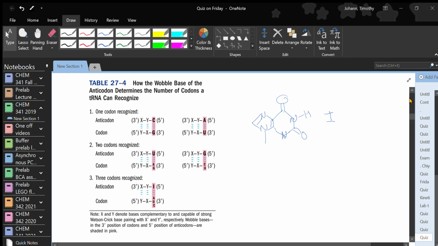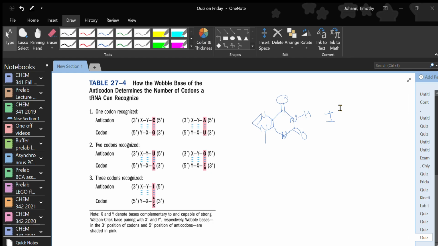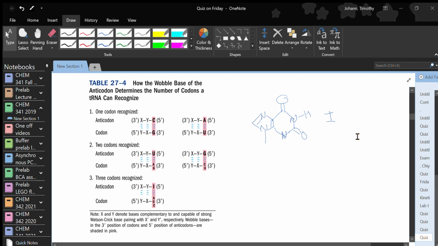You certainly don't see it in DNA at all. And I frankly don't know a lot about the 100 or so specialized RNAs that people have found in the last 20 years. It might be useful if you think about an RNAi or something. You could have more flexibility in recognizing things. That might be useful. It might be toxic.